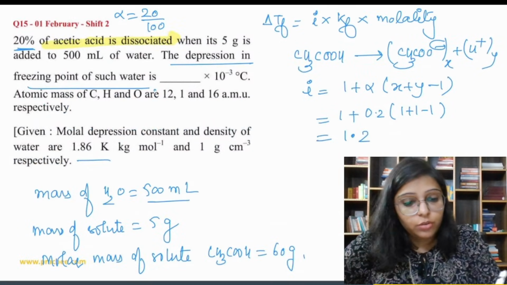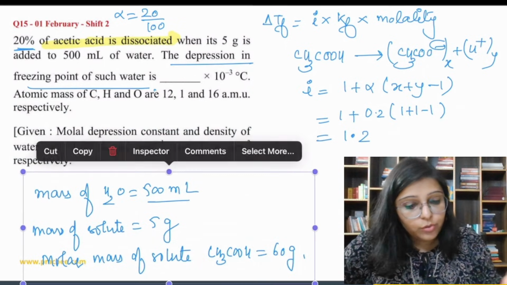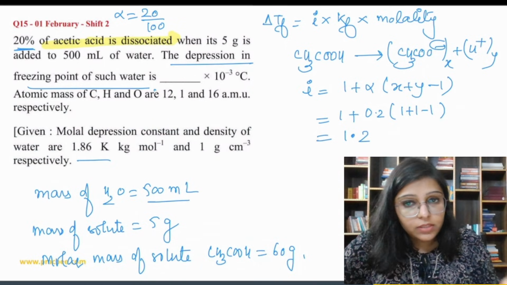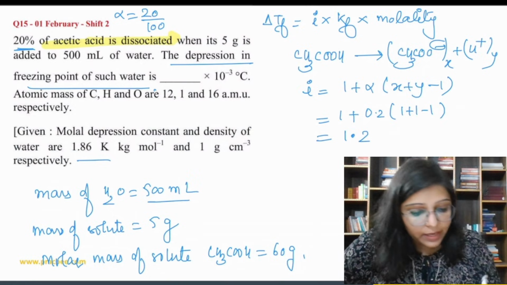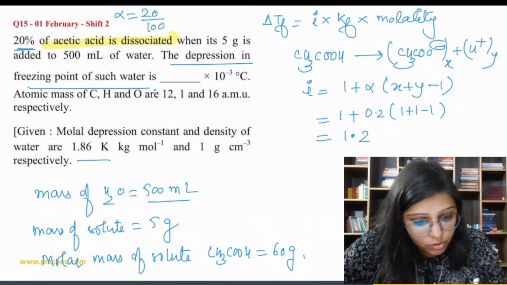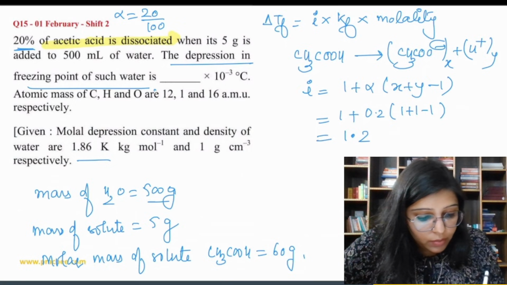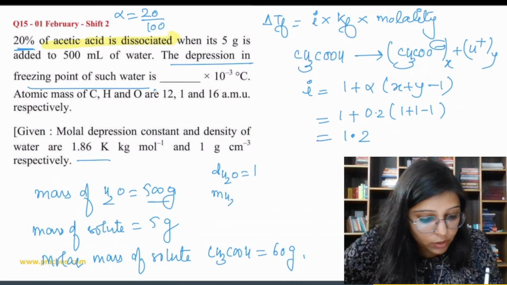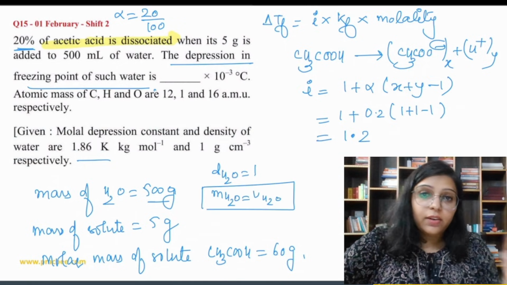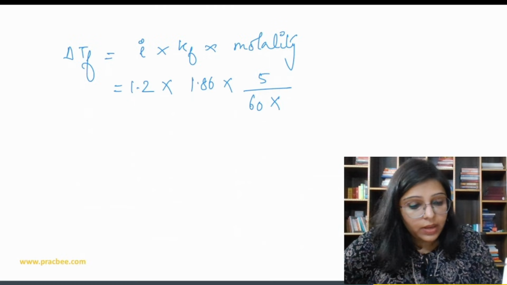Oh, that's the volume of water that is given. So volume of water is equal to the mass, right? So mass of water is also 500 gram. Why? Because density of water is 1, so mass of water is equal to volume of water. So we can write 500 and here we write 1000.